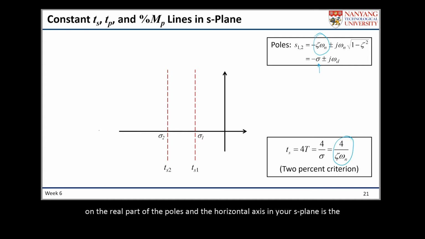And the horizontal axis in your S-plane is the axis that will tell you the real part of your poles, right? So what do I want to say here? If you have two or more underdamped second order systems, but the poles of these systems lie on the same vertical line, all of them will have the same settling time.